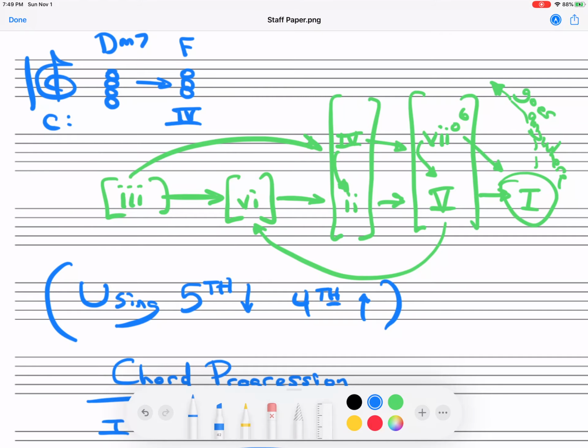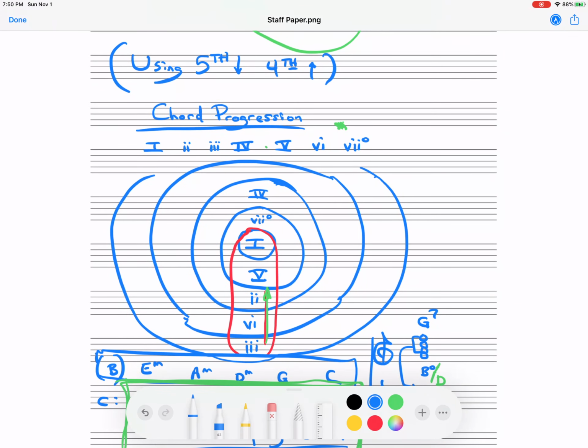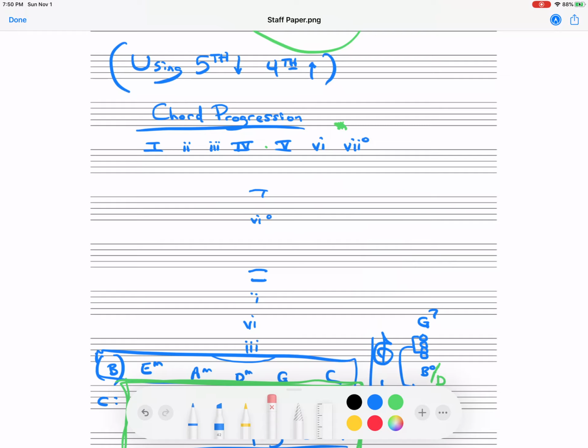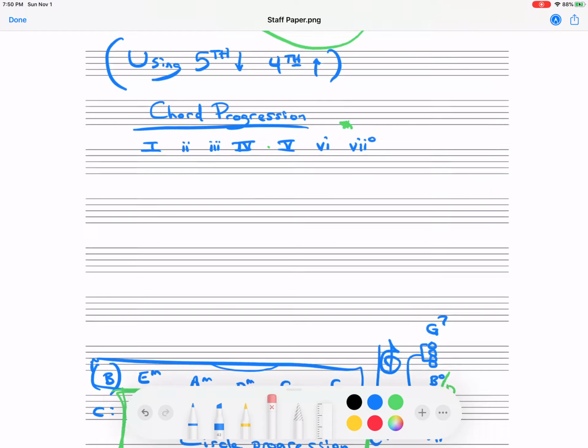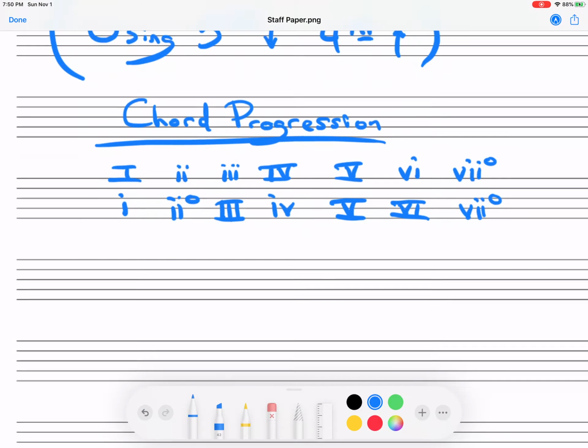Lastly, I will show you what the minor version of this looks like. It's very, very similar. We're just going to substitute some diatonic chords in minor. So let's go here and take a quick look at this. The minor version is 1, 2 diminished, 3, 4, 5. Now remember 5 stays the same because we're using harmonic. 6 and 7 diminished, which also stays the same.